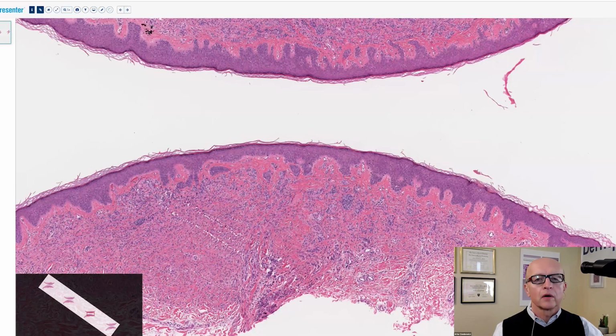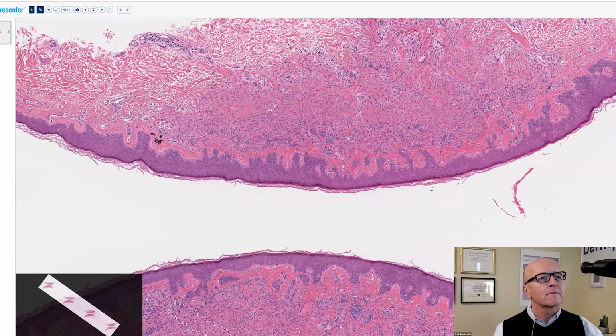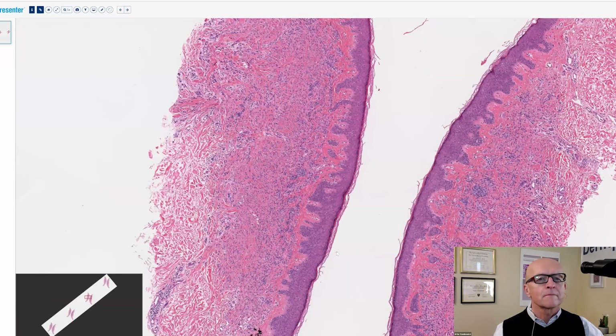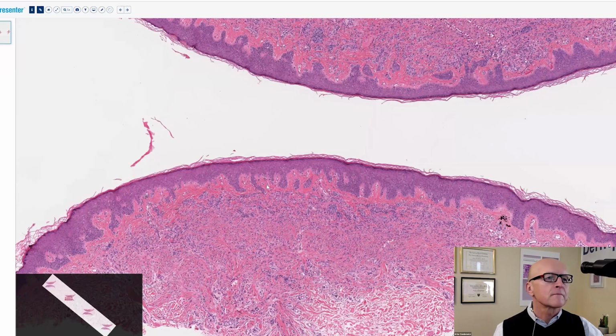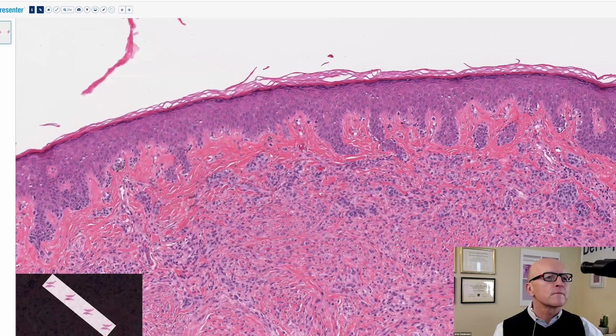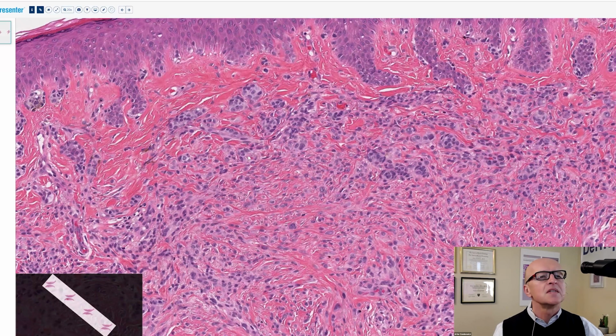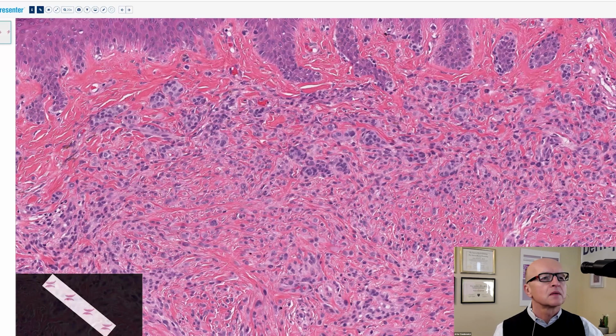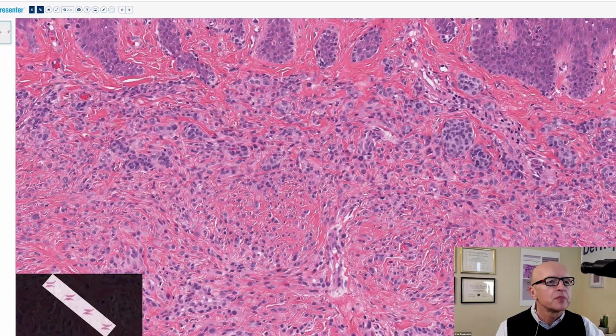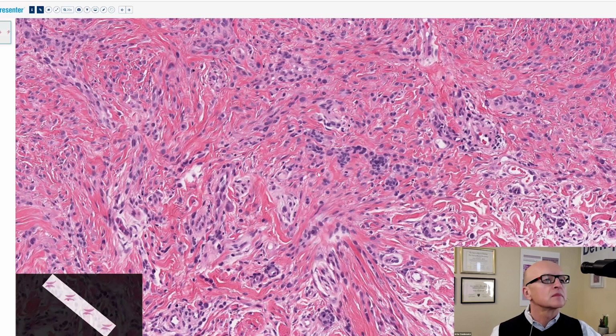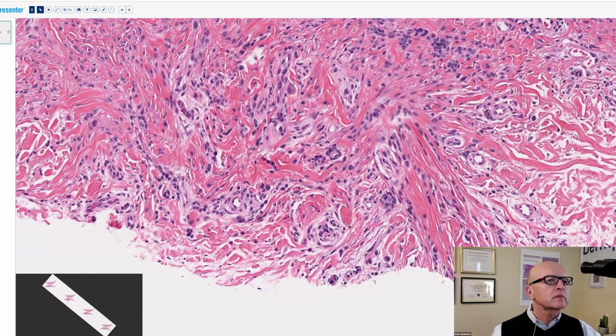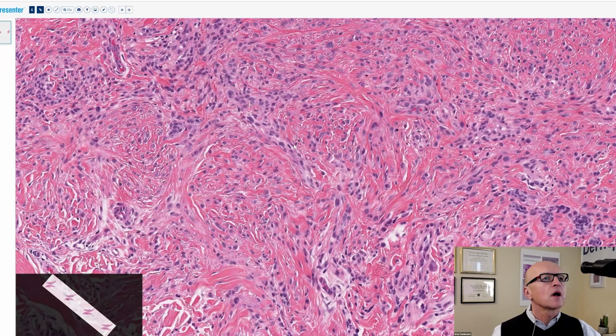Let's see what's going on there. It's nested. It's somewhat epithelioid and spindled. So our task, let's see if there's anything in the junctional component.